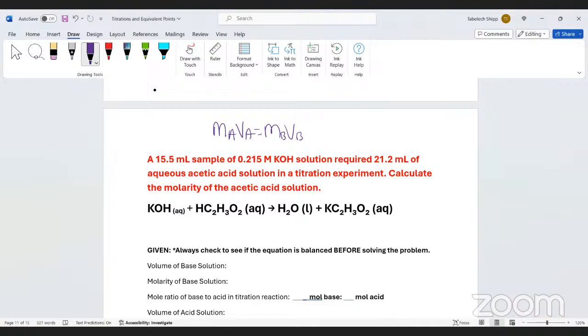And with those balanced equations, you've got to use the coefficients for your acids and bases in order to solve the problem. So it's not just simply using this formula, but you're using this formula in addition to the coefficients of the acids and the bases. Now, in this particular problem, they did not give you the balanced equation.